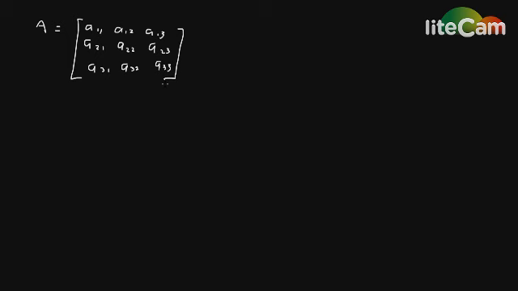Okay, so when we're trying to get the determinant of this kind of matrix, a 3 by 3 matrix, we need to use minors and cofactors. It's not as simple as a 2 by 2 matrix.